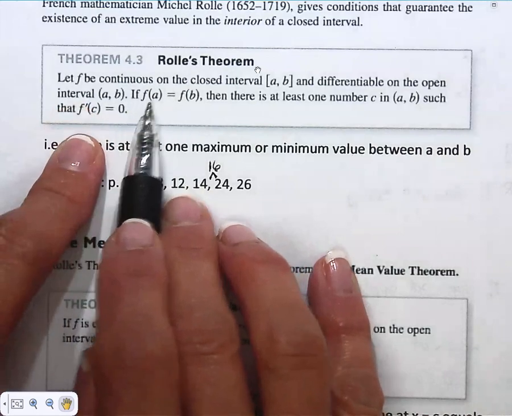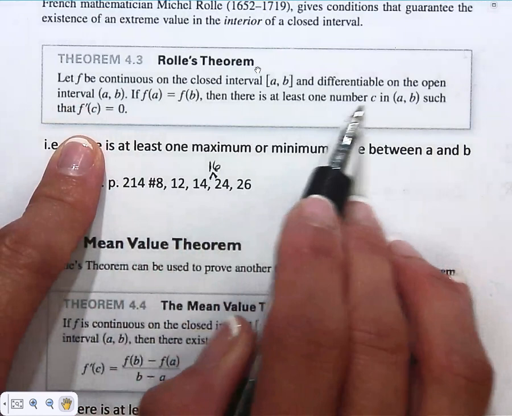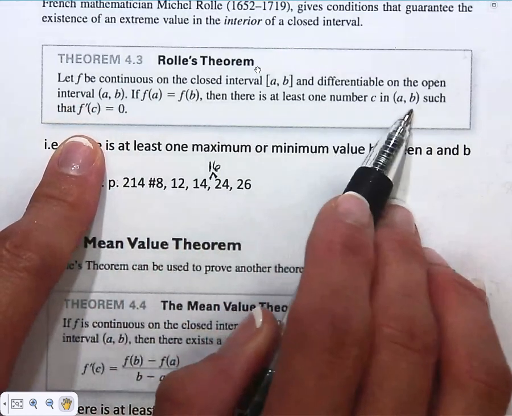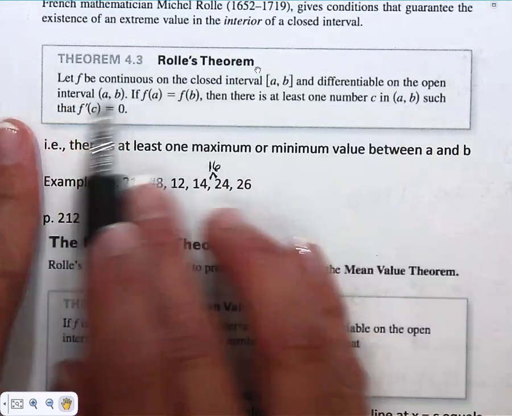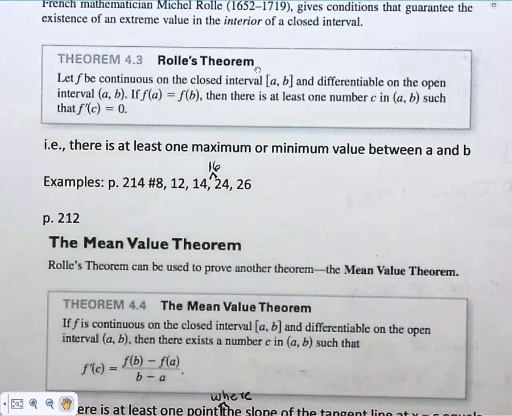If f of a equals f of b, then there's at least one number c in the interval from a to b such that f prime of c equals 0. Now what does f prime of c being 0 tell us? It's a maximum or minimum value.